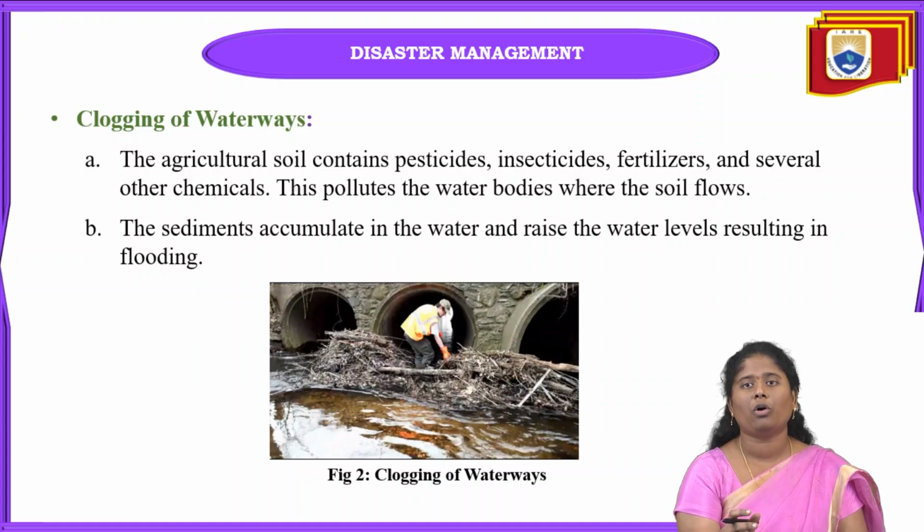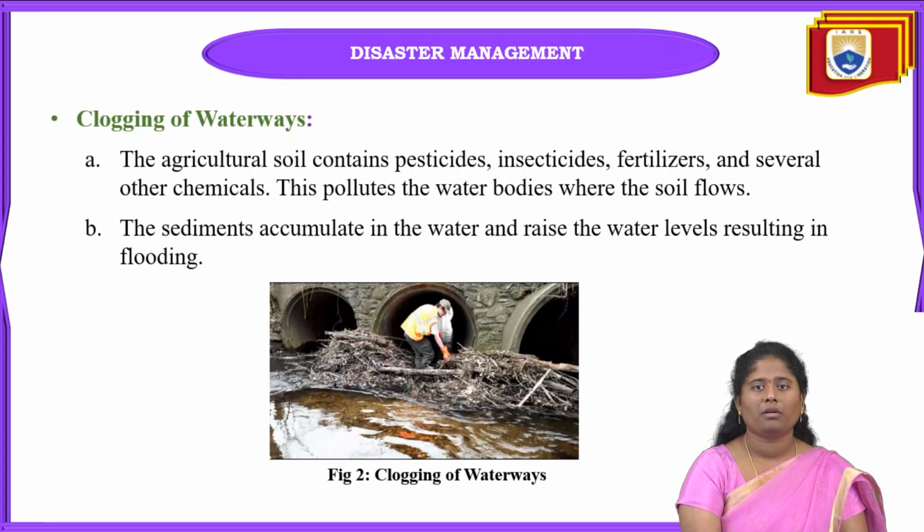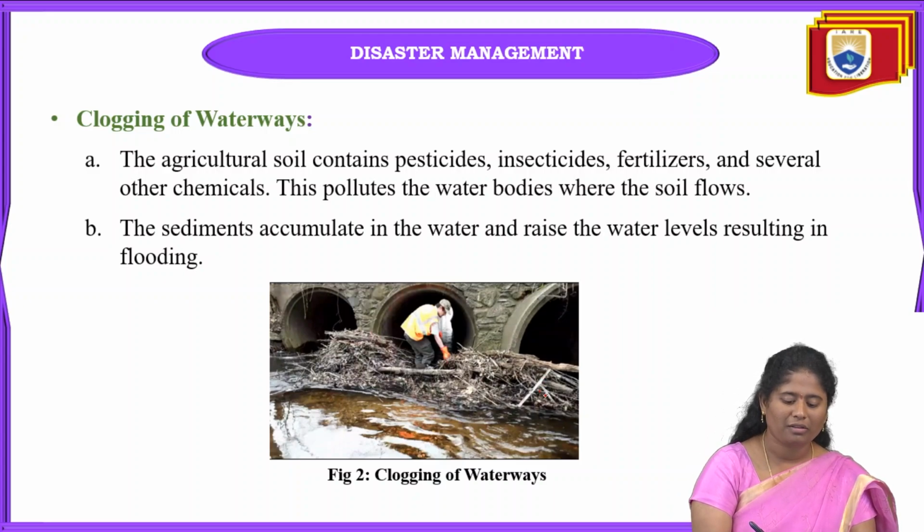When the soil flows in that direction, it contains these pollutants, which are nothing but inorganic chemicals. When these inorganic substances go towards the water bodies, they clog at some part. Here you can see this one.